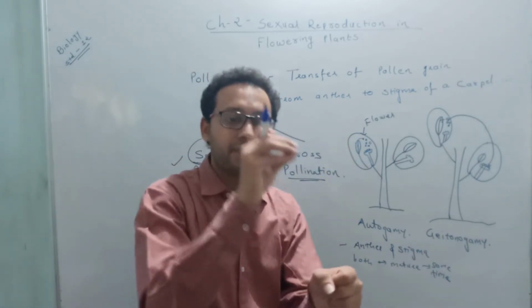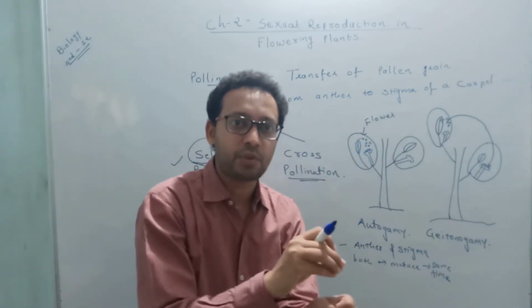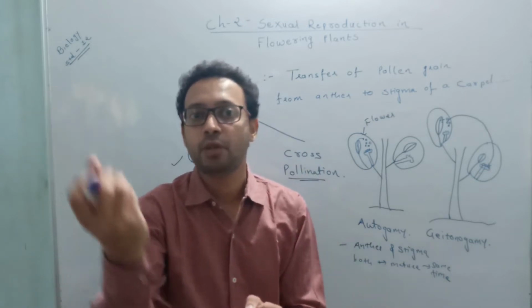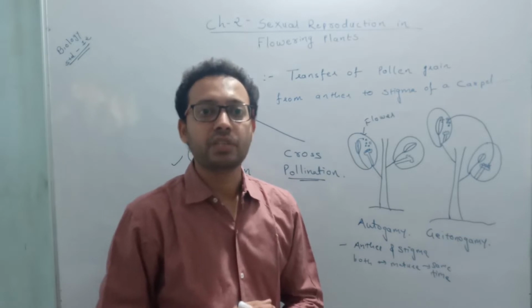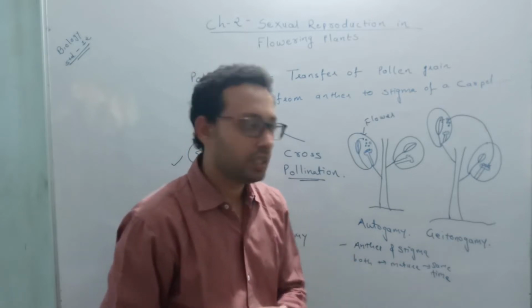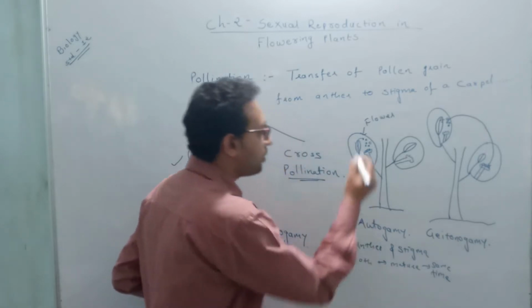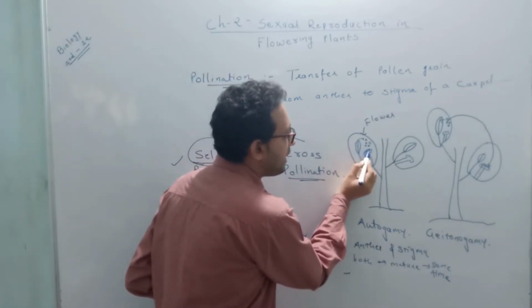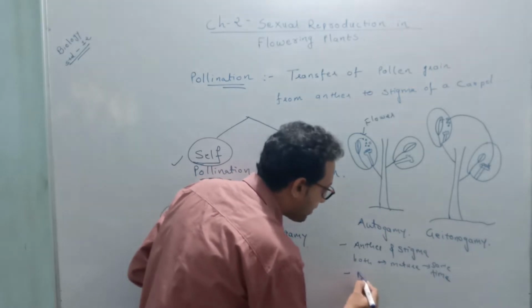That means at the time when the male gametes are produced, the stigma also should become receptive, capable of taking a pollen grain released from the anther. The second condition to follow for autogamy is that the anther or stamen and carpel should be nearer to each other.